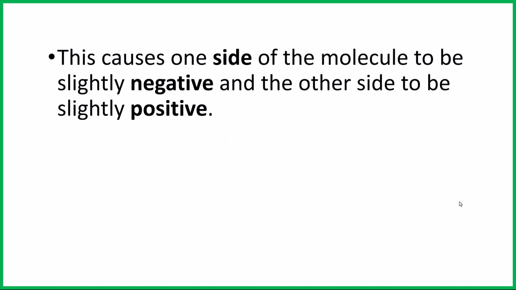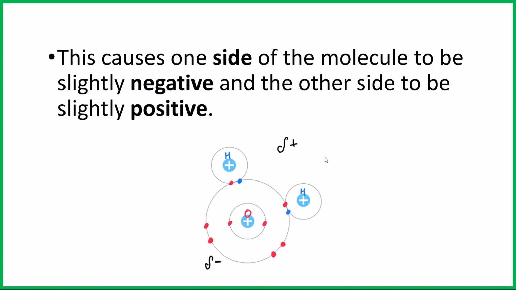So this causes one side of the molecule to be slightly negative because it's got a stronger electron pull, and the other side to be slightly positive. So in this example of a water molecule, because the oxygen is more electronegative than the two hydrogen atoms, this side is going to pull more strongly on the shared electrons, causing it to be slightly negative, which we mark with this designation.